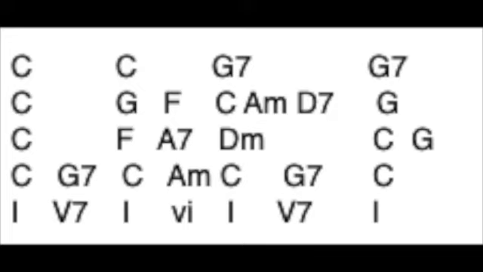And the last line is diatonic. C to G7, C to A minor, C to G7, the big 5 chord ending you, bringing you home in a cadence to the C.